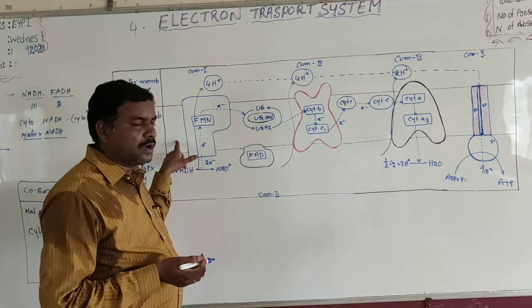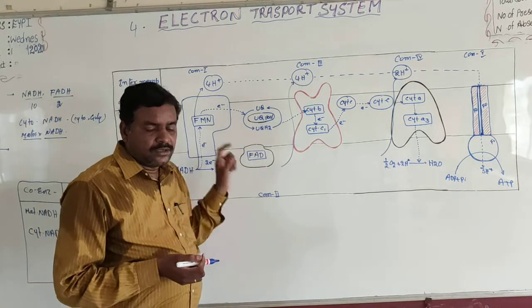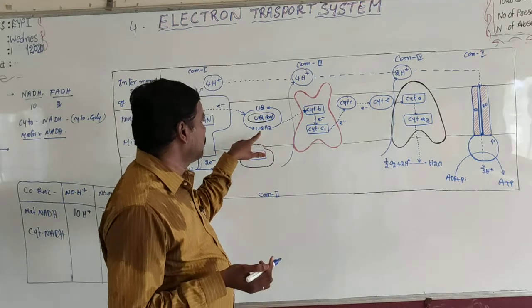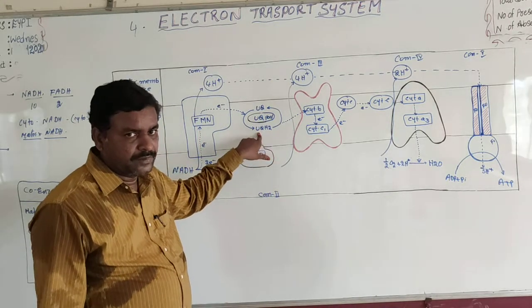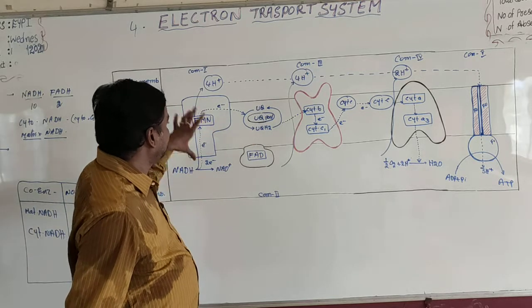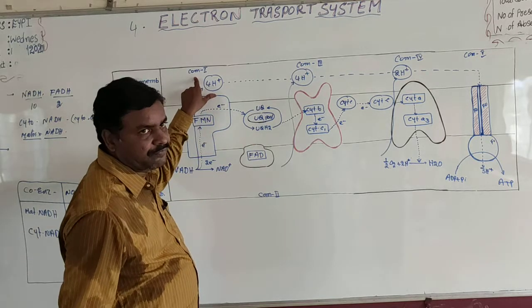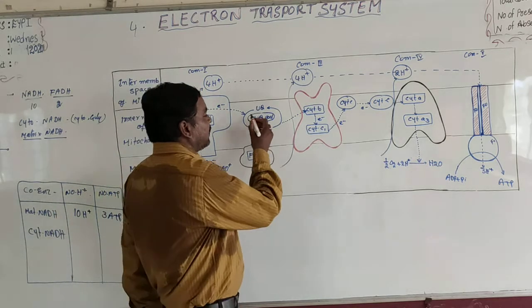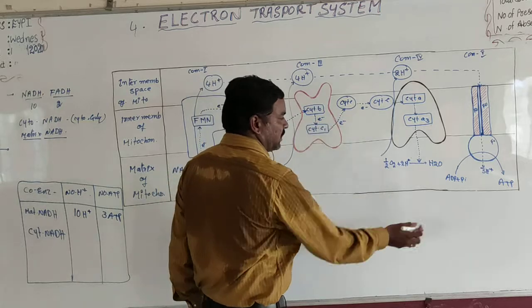They do not enter into complex 1. The electrons of cytosolic NADH2 directly enter into the UQ pool. So these electrons take the bypass of complex 1. There is no movement of these 4 H plus and the remaining electron transport is as usual.